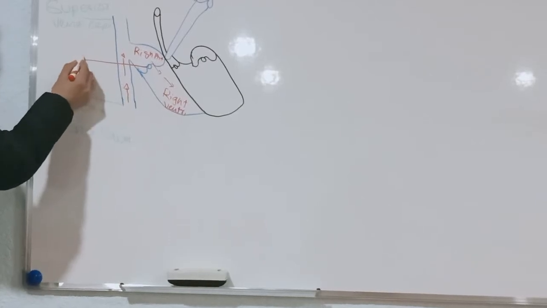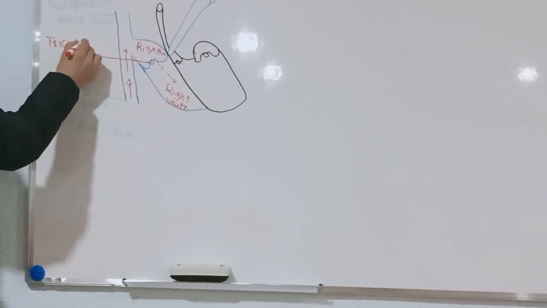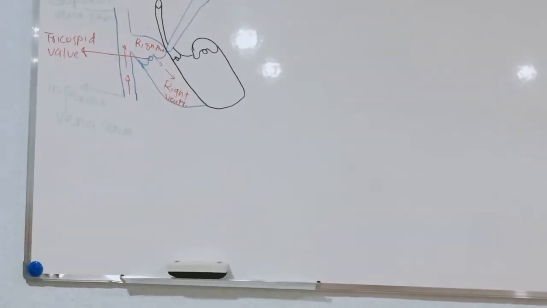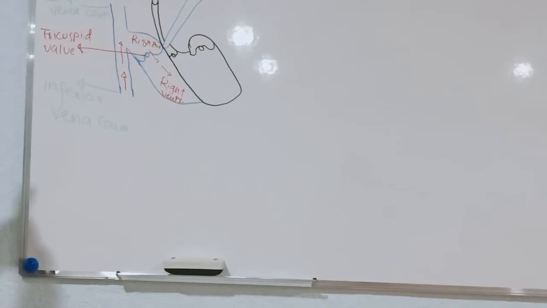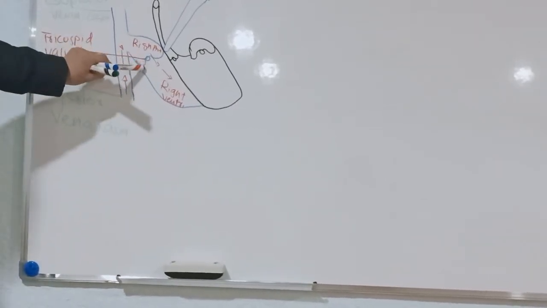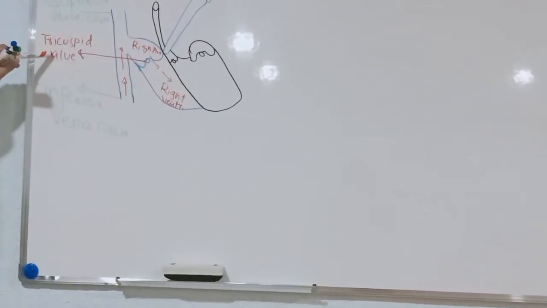This valve is called the tricuspid valve. From the right atrium, the blood enters the right ventricle through the tricuspid valve.